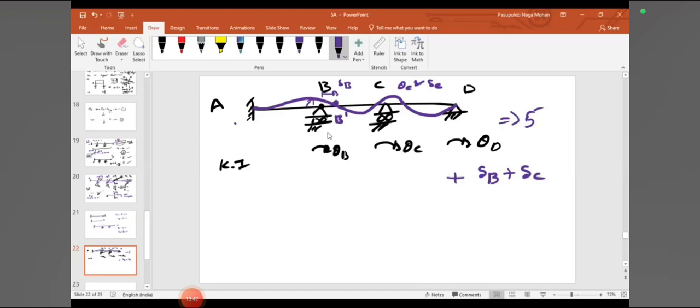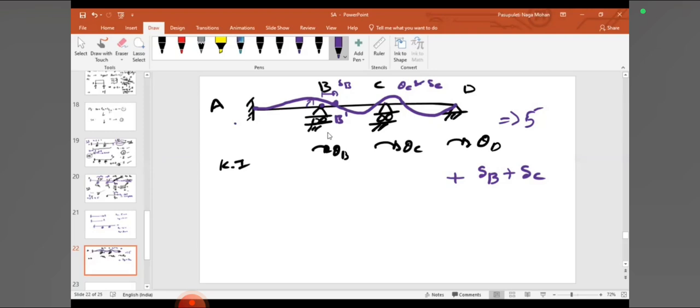Yes, sir. See, if you think about them separately, think about AB. Now tell me, can B move or not? Forget about BC and CD. At B there is only a roller support. Tell me, will point B move or not? It can move, right?